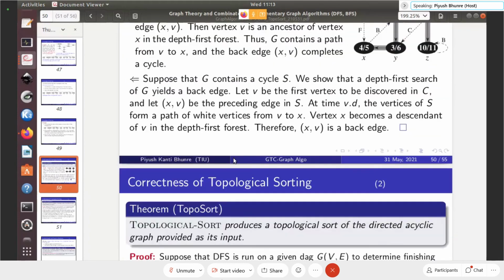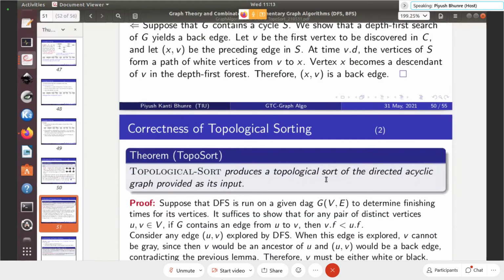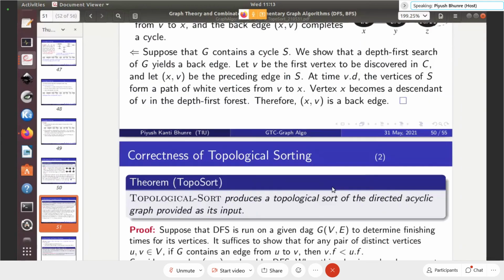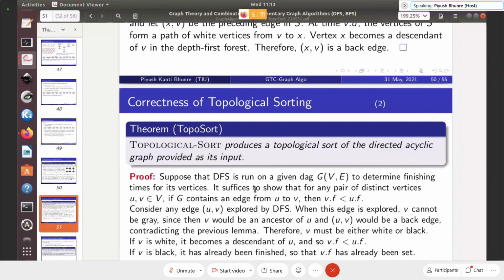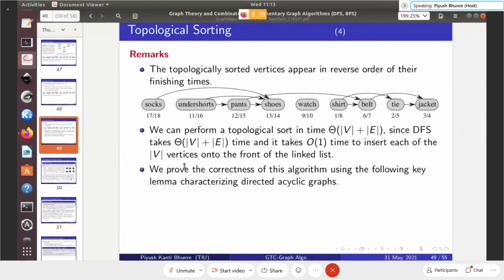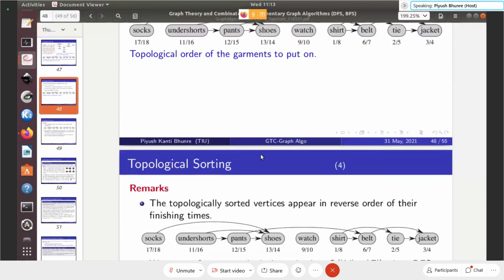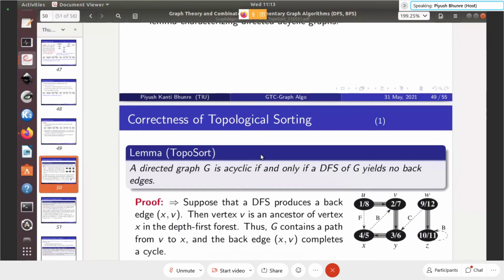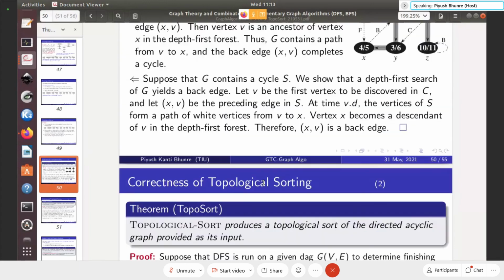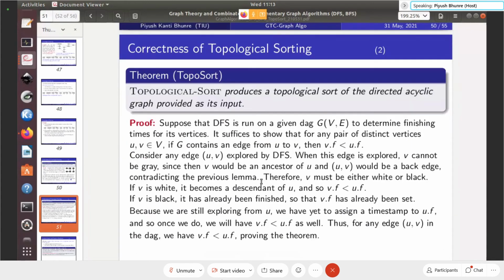Using that theorem we can also prove that the ordering given by the topological sort algorithm is a topological ordering. This algorithm gives the topological ordering that we want to find out. So topological sort produces a topological sorting of the directed acyclic graph provided as input.